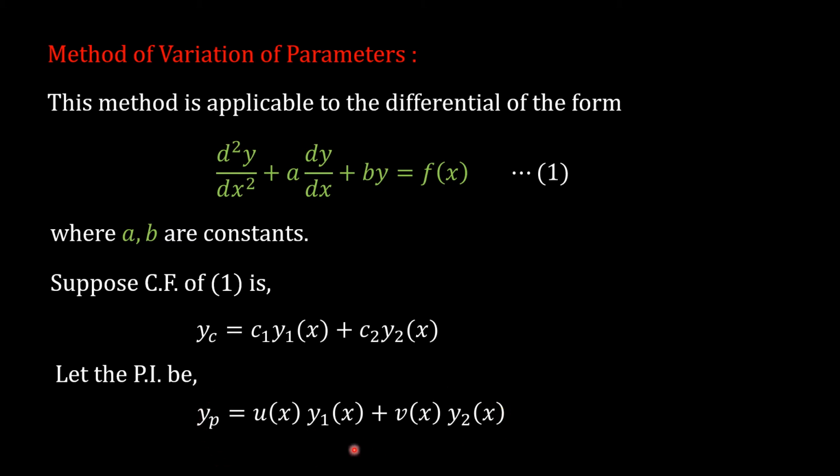In short, removing this x for a time, this can be written as u into y1 plus v into y2. We call this 2. Now, our aim is to find u and v, which are the unknown functions. So how to find them? Let us see.